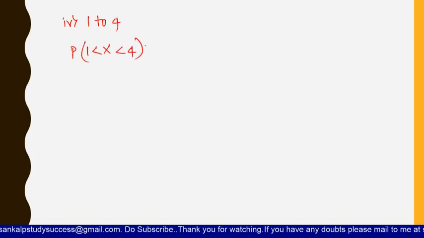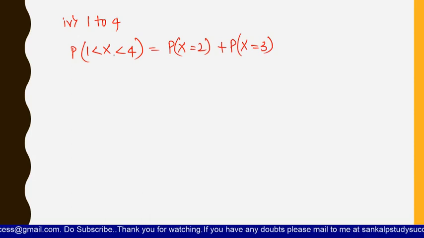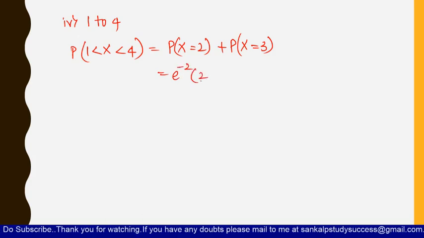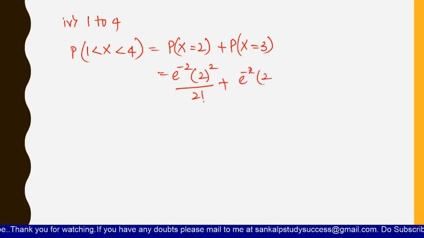That means probability of 1 less than x less than 4, which is nothing but probability of x equals 2 plus probability of x equals 3, because 1 and 4 are excluded, they are not included. So e power minus lambda into lambda power 2 by 2 factorial plus e power minus lambda into lambda power 3 by 3 factorial.